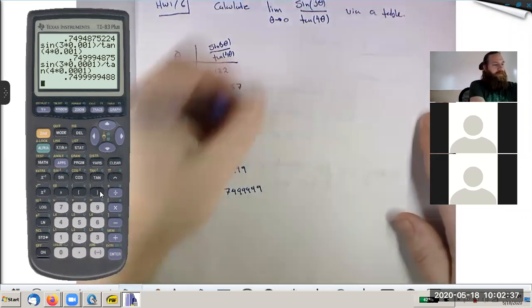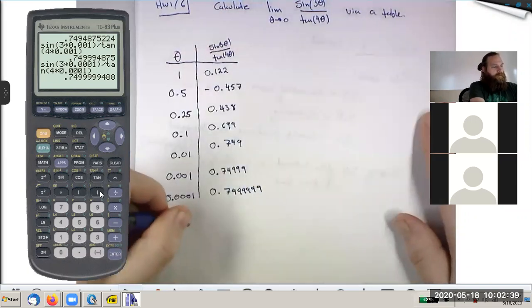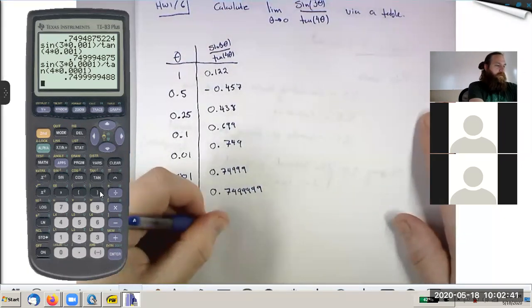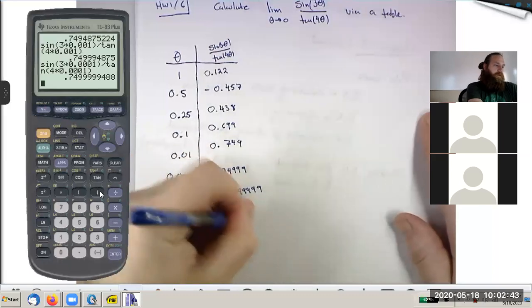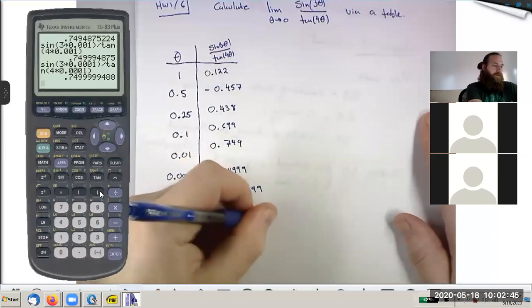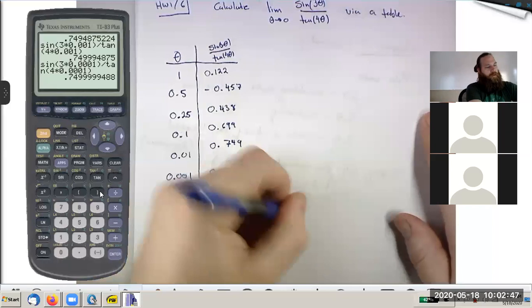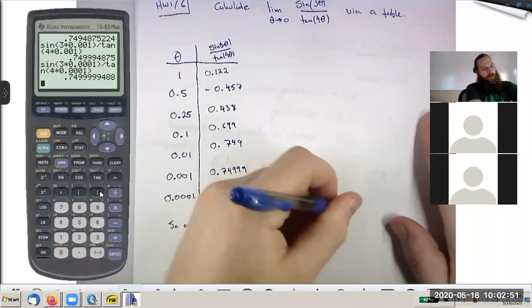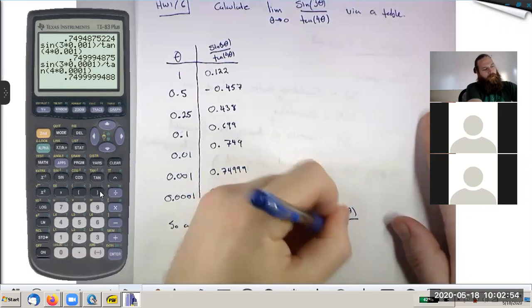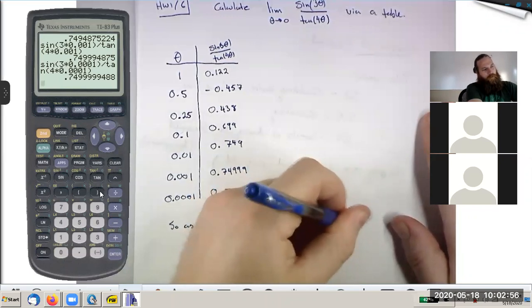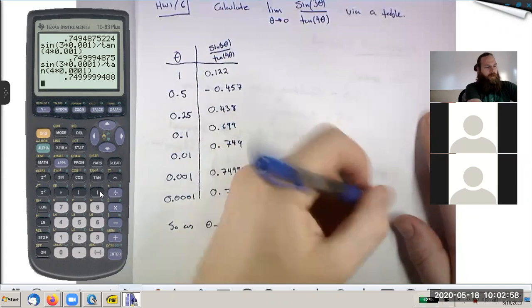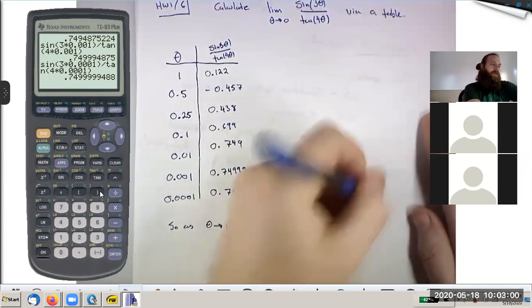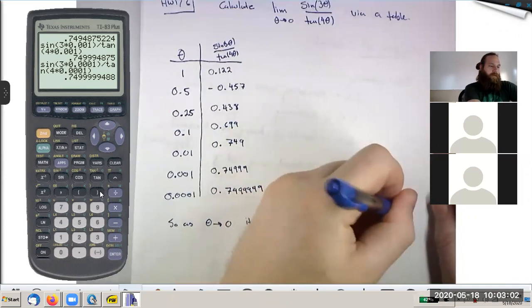So as theta goes to 0, it appears that sine of 3 theta over tangent of 4 theta is getting closer and closer to 0.75.